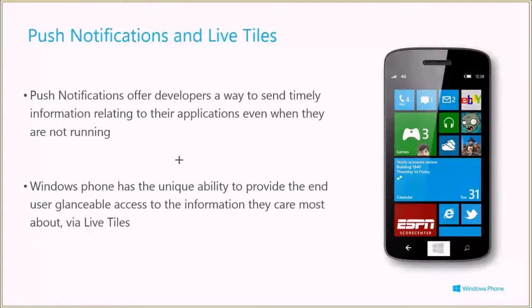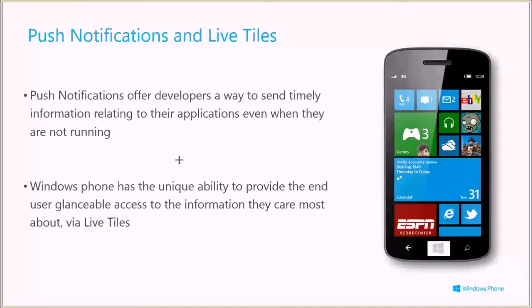Your application is not running, but you're still getting the notification on a timely basis. You don't want to get the notification an hour later, or even 30 minutes later, right? You want it right away, especially in very interactive apps like chat applications, WhatsApp, Viber, whatever popular apps you use.